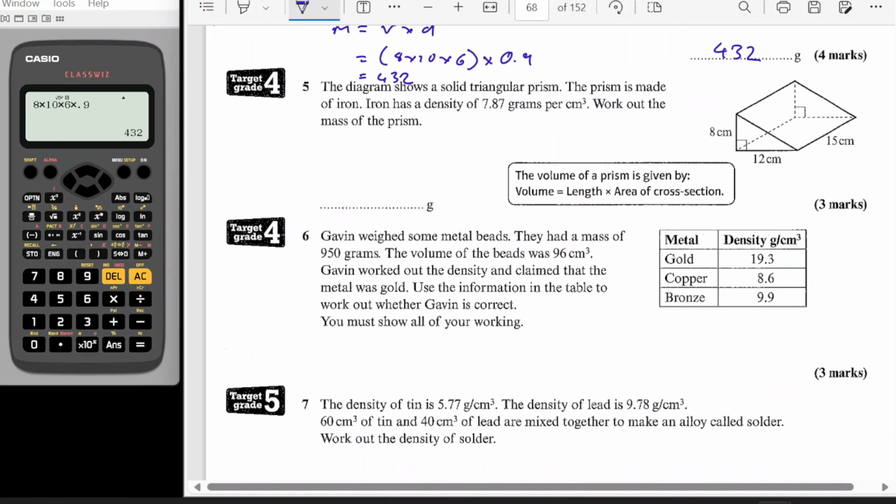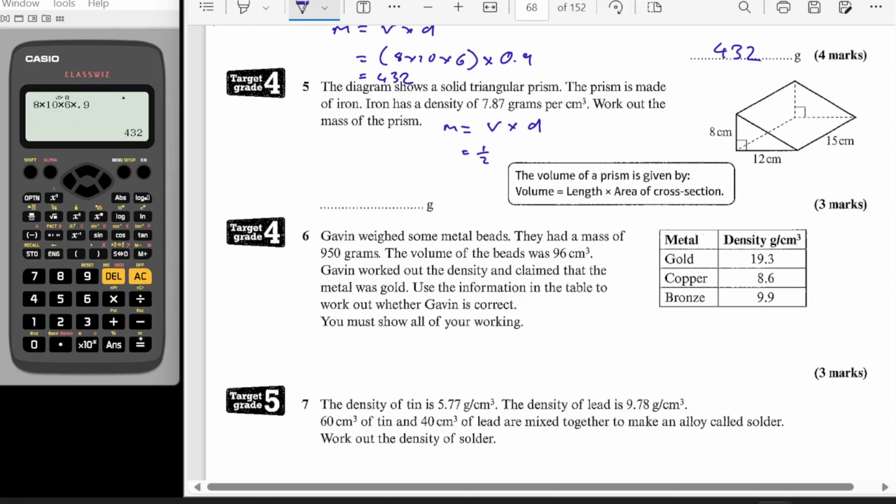Okay, question five. The diagram shows a solid triangular prism. So for a triangular prism the volume would be the cross-sectional area, which is a triangle, times the length, which we're given here anyway. The prism is made of iron. The iron has a density of 7.87 grams per centimeter cubed. Work out the mass of the prism. So we've got mass is equal to volume times density. We could work out the volume separately, but I'm going to do it as one thing.